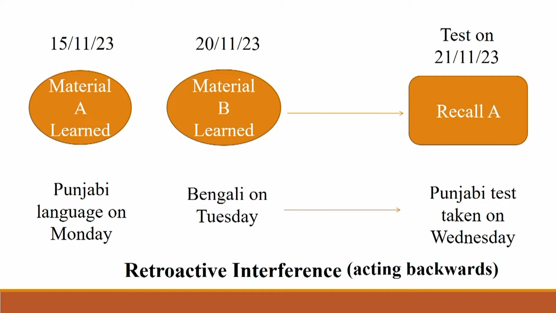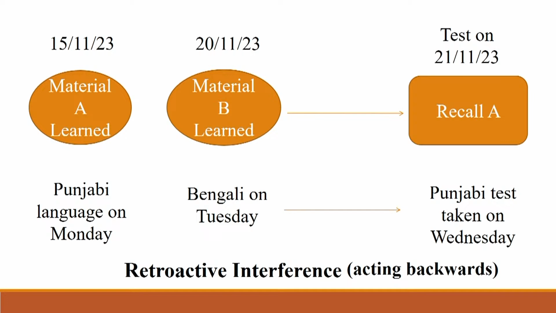So there are chances that whatever you have learned yesterday from material B will be competing with the information that you received on 15th November. Both these pieces of information are going to mix up, and you are going to miss some part of material A and you might mix in some part of material B. So this is what retroactive interference is.